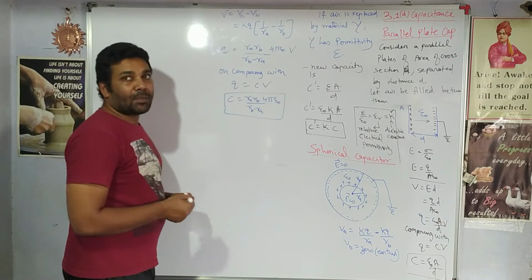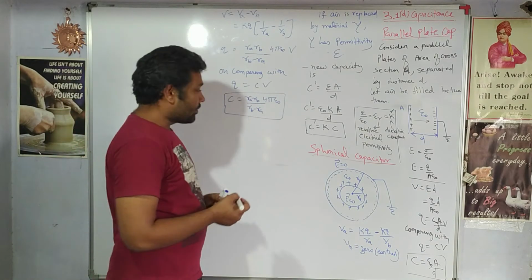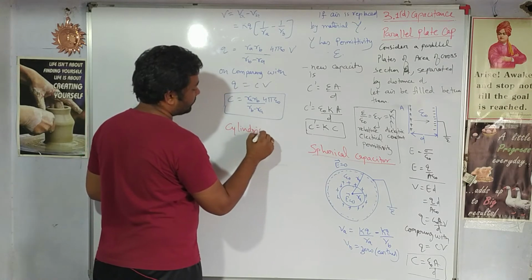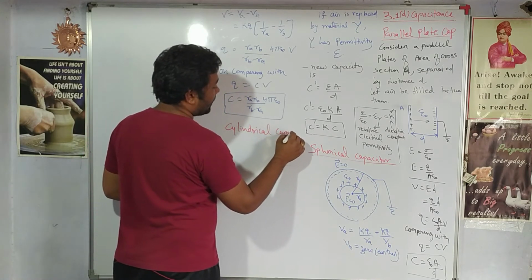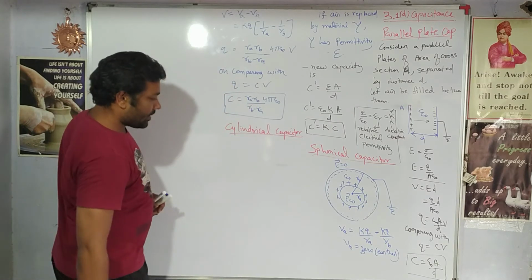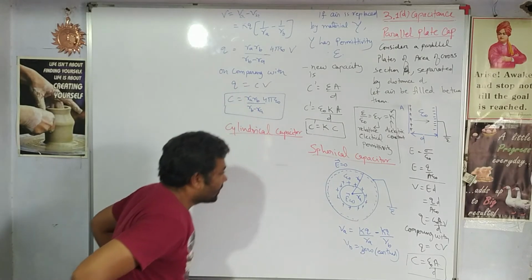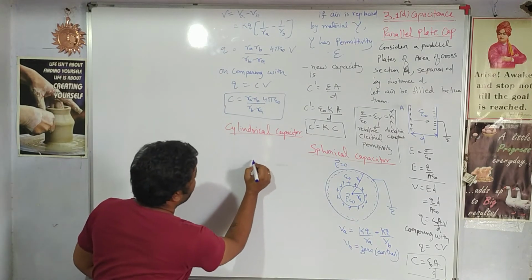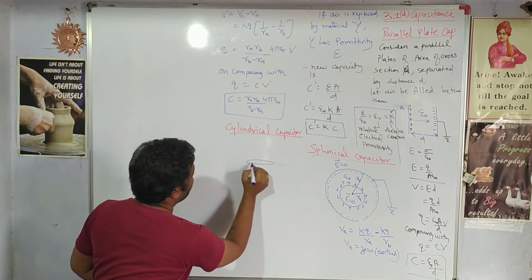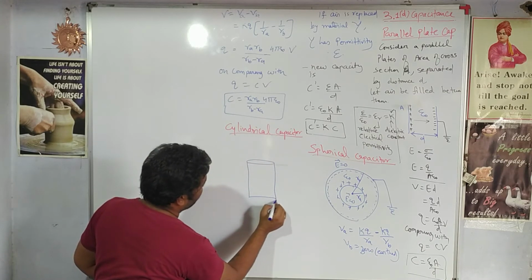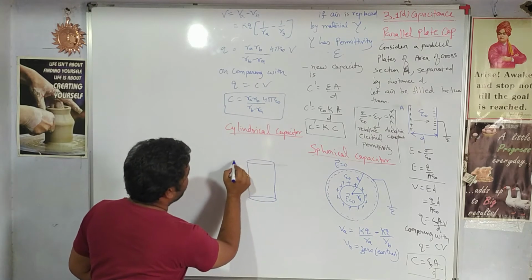The next type of capacitor that we are going to discuss is the cylindrical capacitor. A cylindrical capacitor has two coaxial cylinders. If I draw it, this is one cylinder, and there is another cylinder.